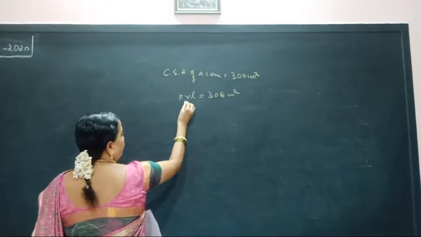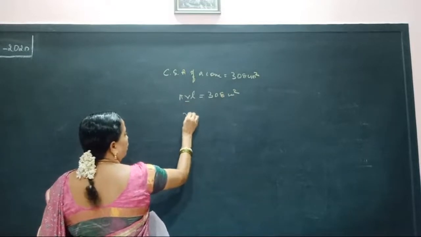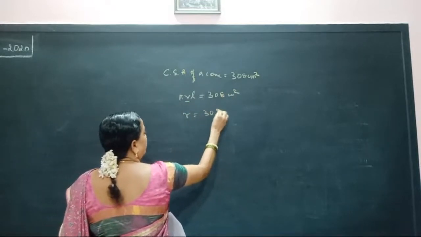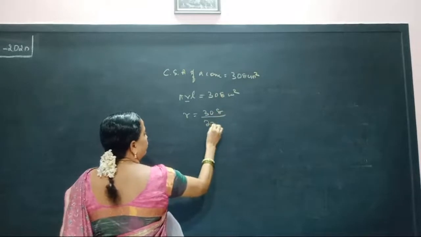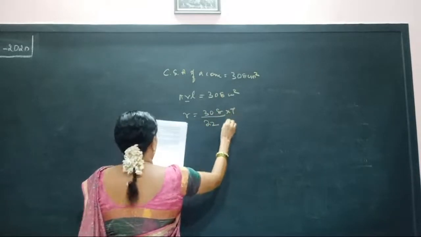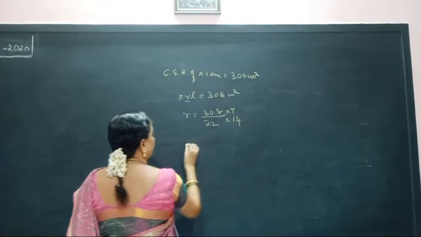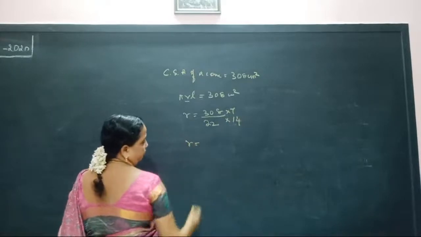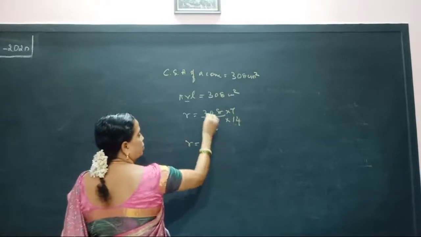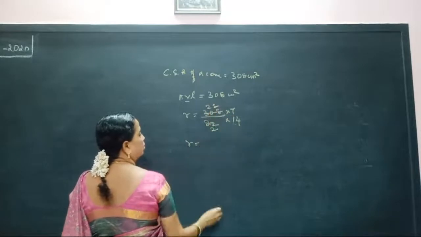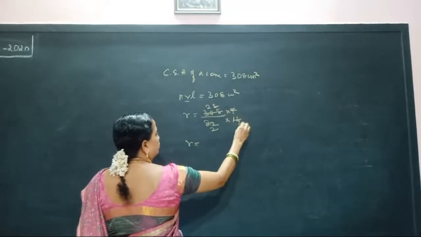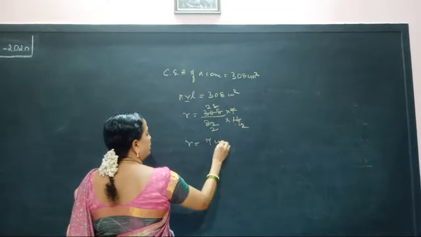We have to find out R. R equals 308 divided by pi L. Many times we did 22 by 7, and the slant height is 14. What is R? 11 twos are 22, so R is 7 centimeter.